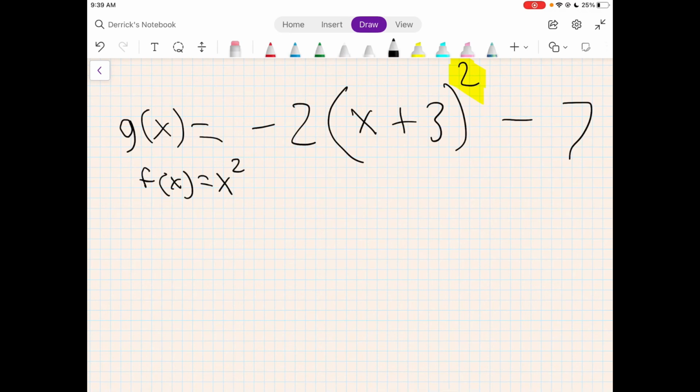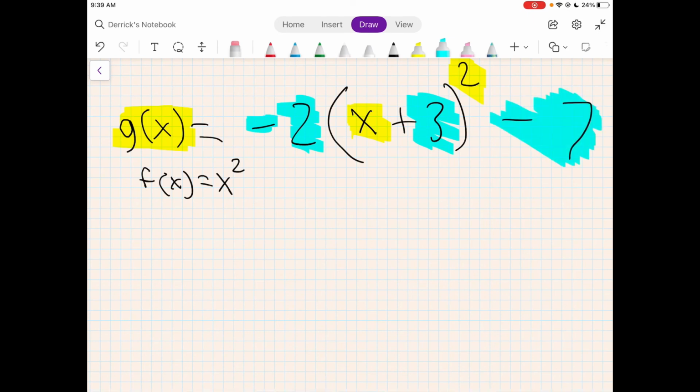Meaning, I'm supposed to have a y, I'm supposed to have an x, I'm supposed to have an input-output, and I'm supposed to have that 2 exponent. So the g of x does not represent a transformation, the x does not represent a transformation, nor does that 2 exponent. Everything else extra here, meaning namely the negative, the 2, the 3, and the negative 7, these all must represent transformations because they weren't in the original parent function.